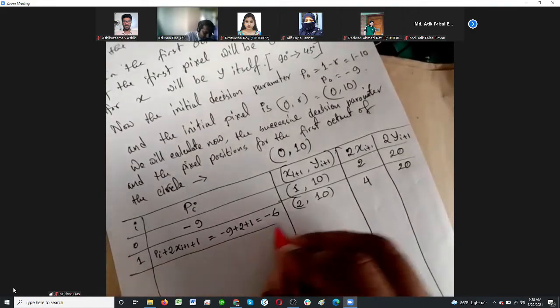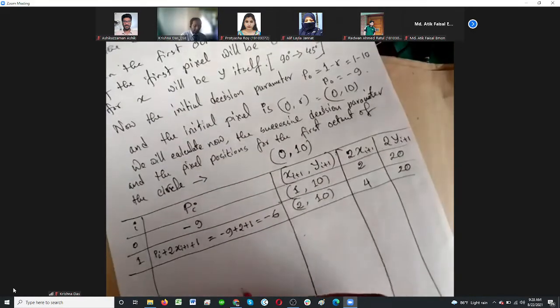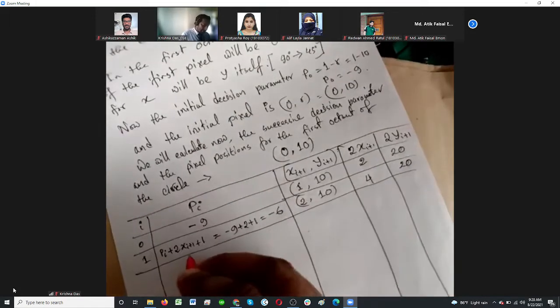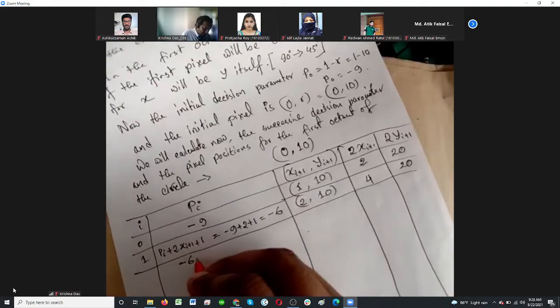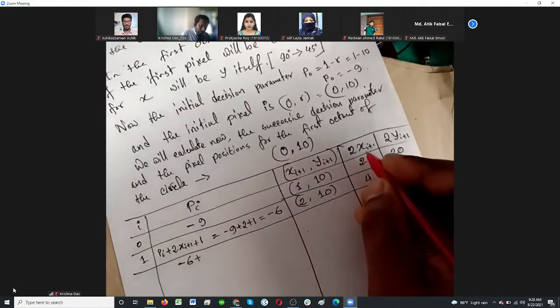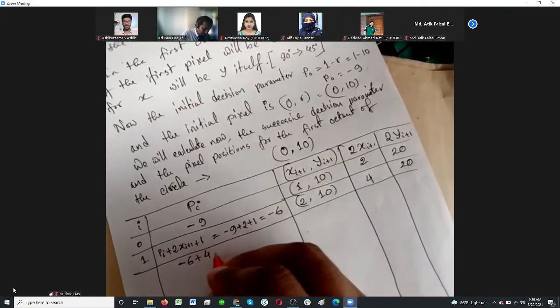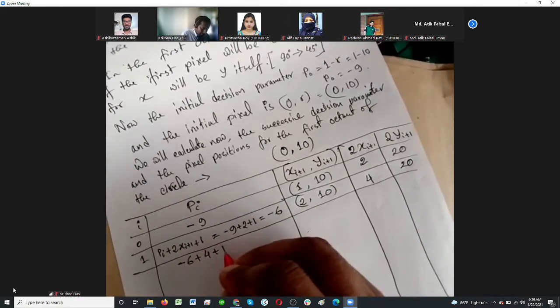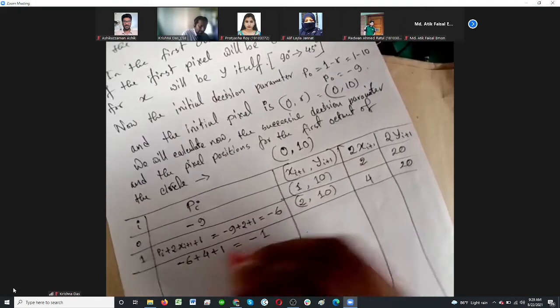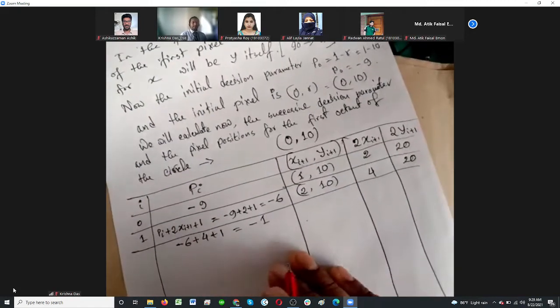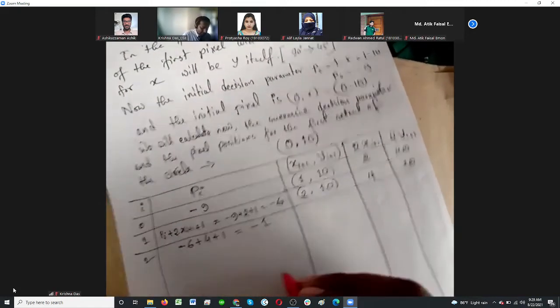For the next one, the previous decision parameter is minus 6, plus twice x1, which is 4, plus 1. Now we get again negative: 4 and 1 is 5, so minus 6 plus 5 is minus 1.